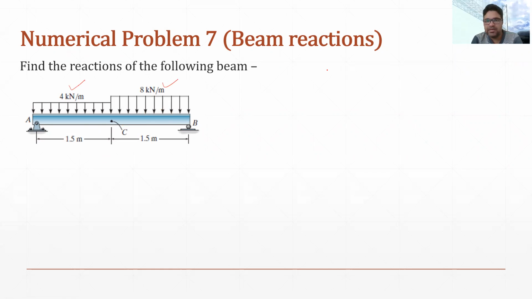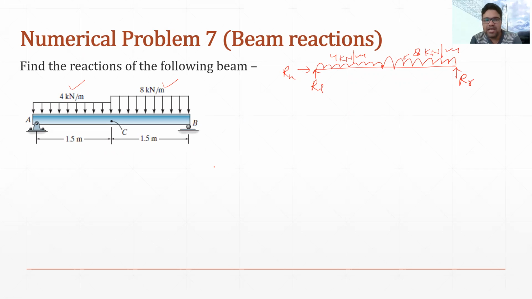So first we will make a free body diagram. This will be the reaction. This will be the horizontal reaction, which is RH. This is RL, and the second reaction would be RR. Up to this point, there is one UDL, which is 4 kilonewton per meter, and the second UDL is of 8 kilonewton per meter.